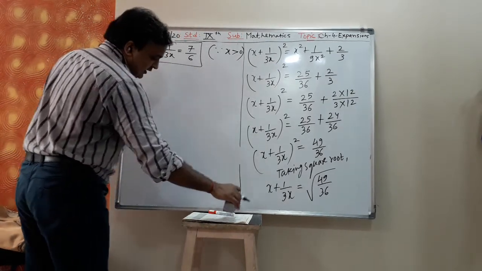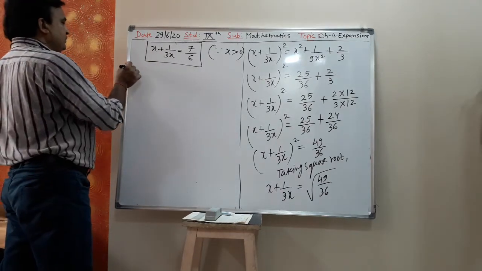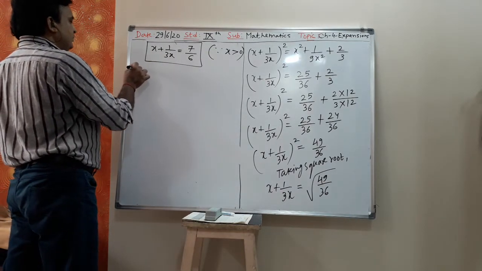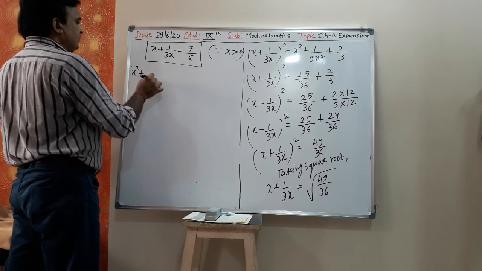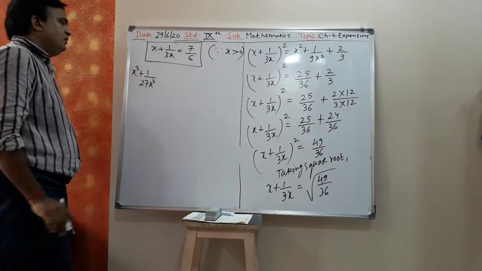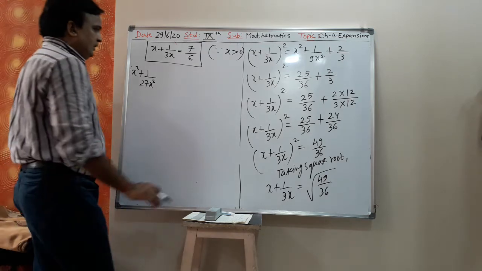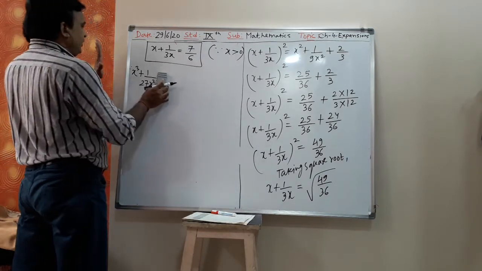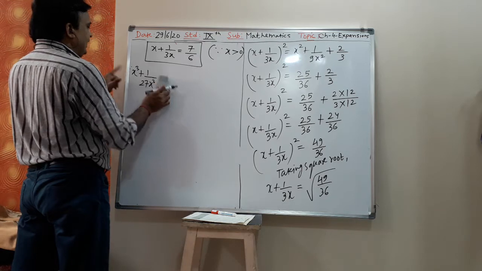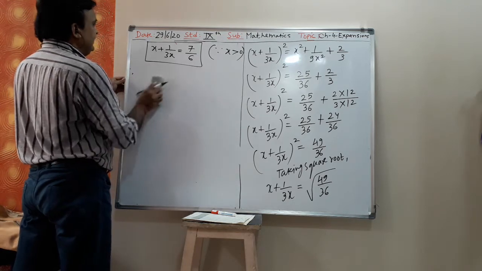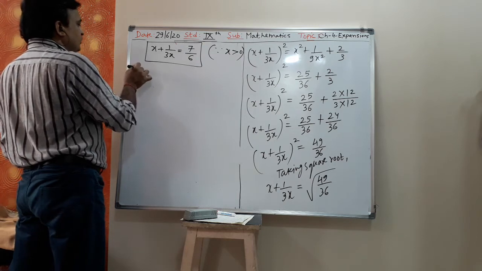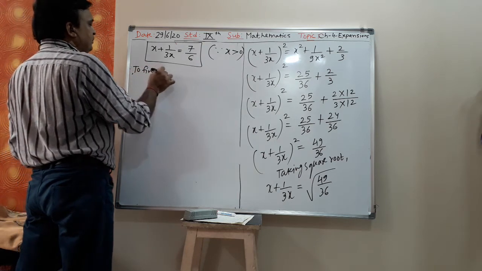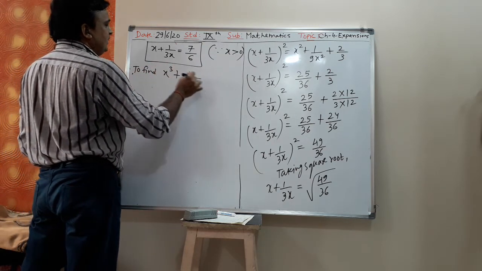Now what is asked? Find the value of x cube plus 1 upon 27 x cube. To find this, I will find x plus 1 upon 3x whole cube.